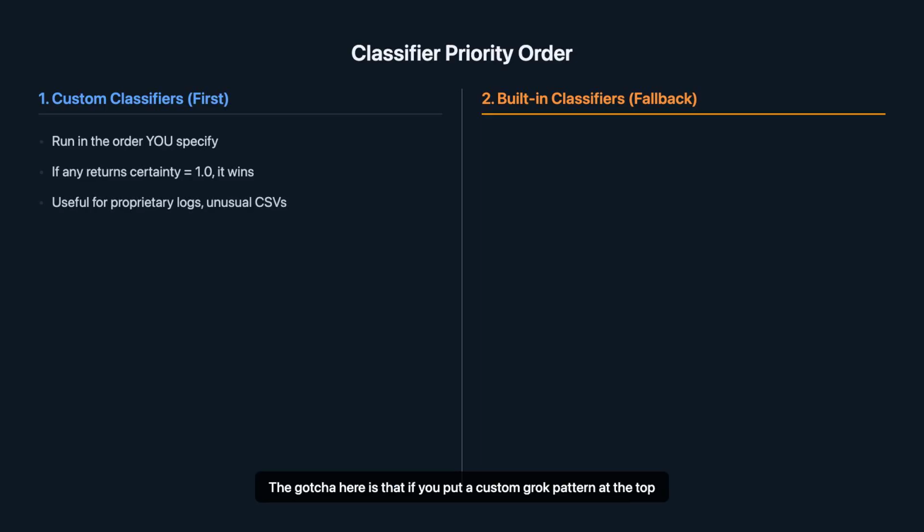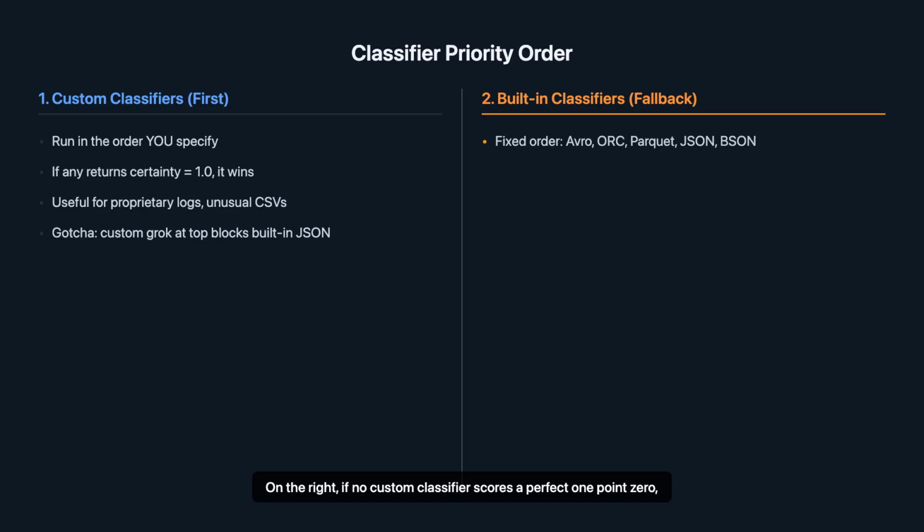The gotcha here is that if you put a custom grok pattern at the top and your data is actually JSON, your specialist blocks the built-in JSON expert from ever getting a turn, and you end up with a broken table. On the right, if no custom classifier scores a perfect 1.0, Glue brings in the standard candidates, its built-ins in the fixed order shown on screen. Now here's the nuance most people miss.